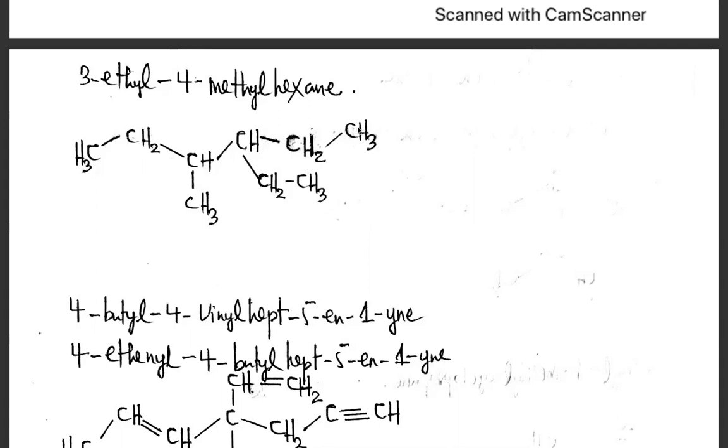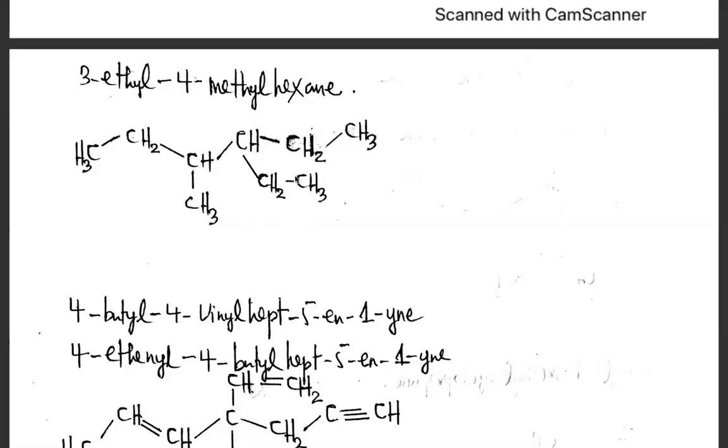So at position number 3, we have an ethyl. An ethyl is an alkane with 2 carbon atoms and with 1 hydrogen atom less. So this is ethyl at position number 3.